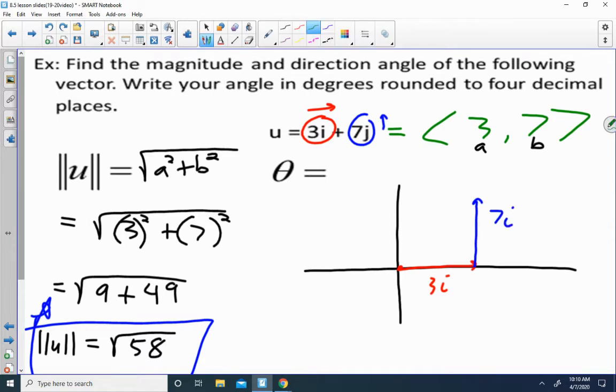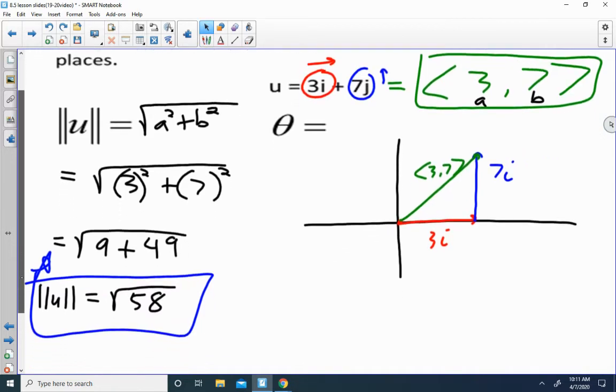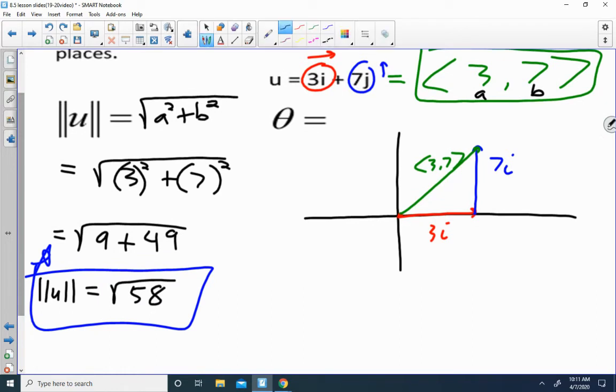And we know that 3i plus 7j is the same thing as the vector 3, 7. So let's draw that vector with the component form 3, 7. So there you go. You have a perfectly good triangle, and you can use that to help find the angle, specifically of this vector. We'll make this the opposite side. We'll make this the adjacent side.